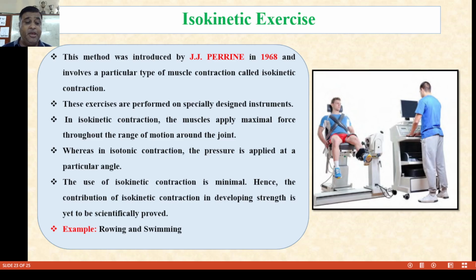Isokinetic contractions are usually minimal, hence their contribution to developing strength is yet to be scientifically proved. Examples are rowing and swimming.